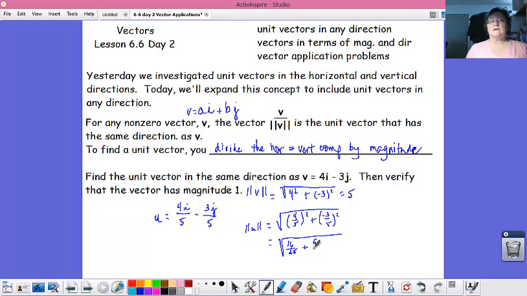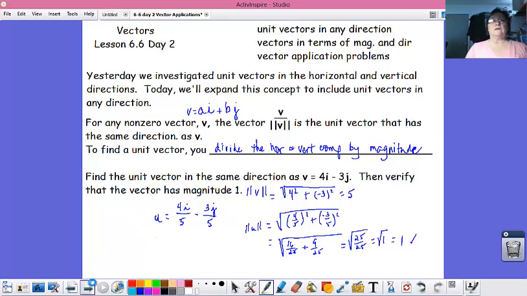Negative 3/5 squared is 9/25, and together that is 25/25, or 1, and the square root of 1 is 1. So we verified that we got back to a unit vector, and we did that by dividing the vector in its component format by the magnitude.